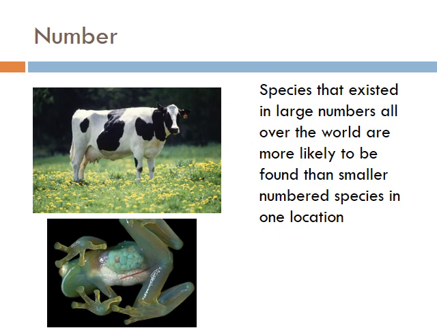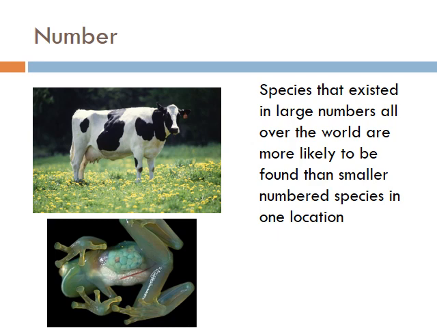Numbers. Organisms that exist in large numbers are more likely to be found for the same reason that organisms that are bigger are more likely to be found. What is this? It is a cow. Where do you find cows on the planet Earth? Pretty much everywhere. If in millions of years you start digging, you are pretty likely to find these bones of a cow.